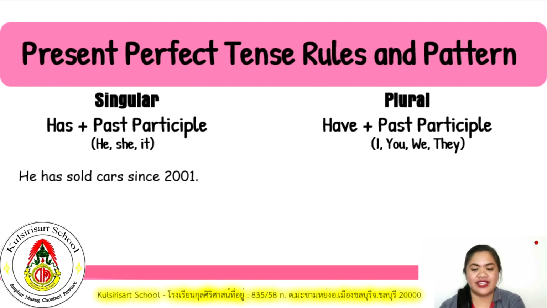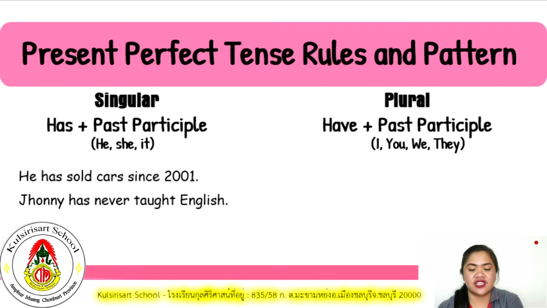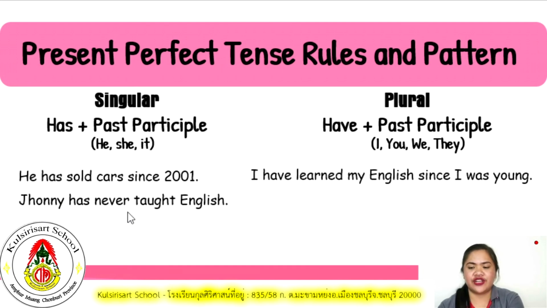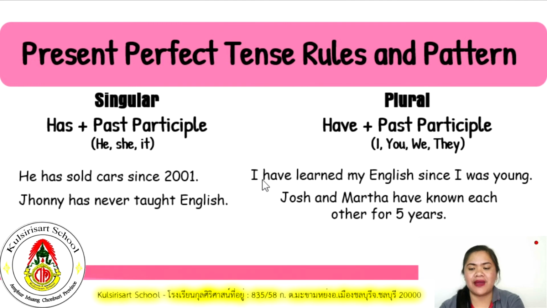So we have an example here. He has sold cars in 2001. Another example is Johnny has never taught English. We have here singular subjects, he and Johnny. That's why we use has sold and has never taught. Another example for the plural form: I have learned my English since I was young.